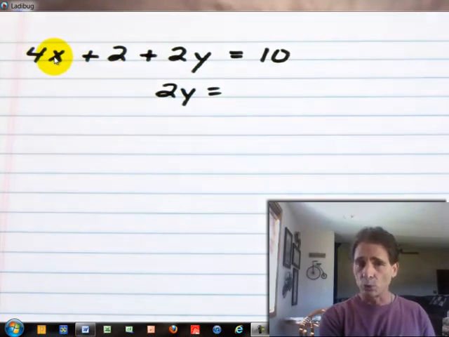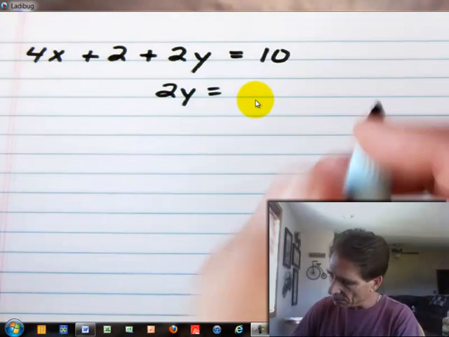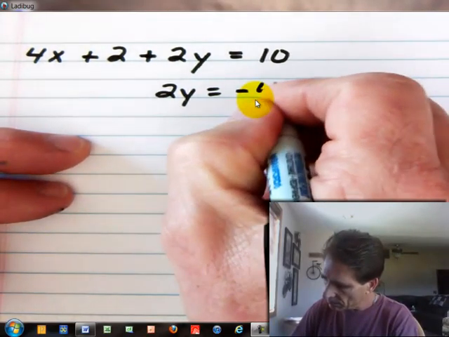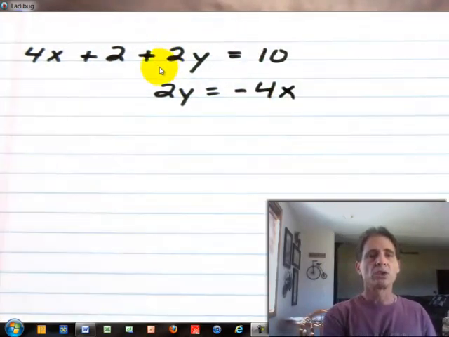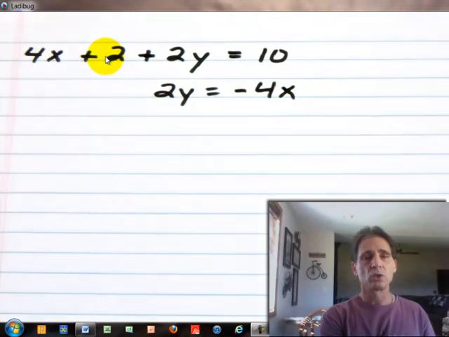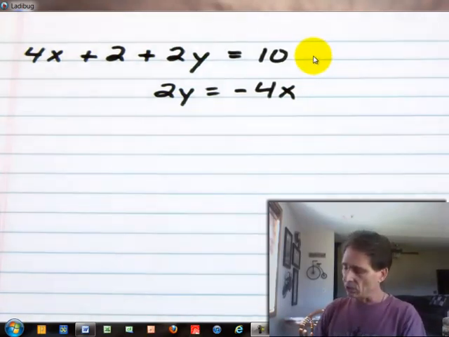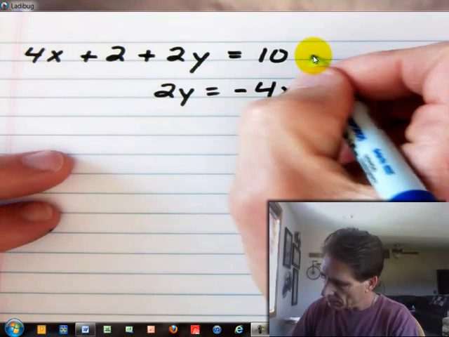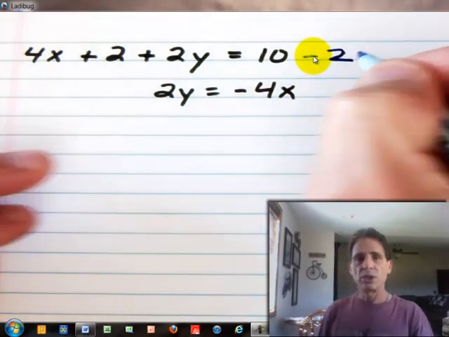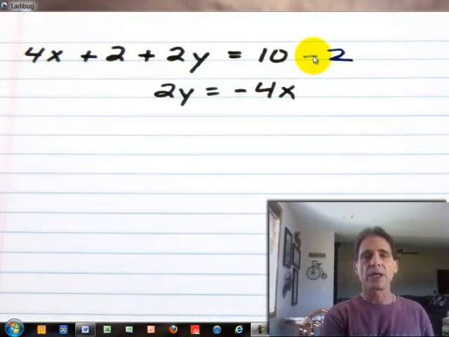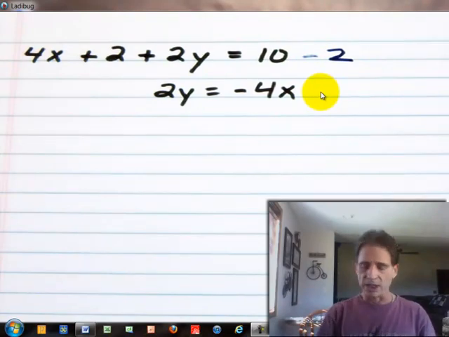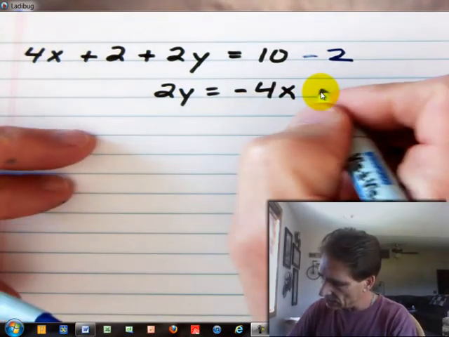So when I move 4x, I can move it over to this side if I use the opposite operation. If I want to move the 2 plus 2 to the opposite side, I can by putting minus 2 here. However, I'm going to put it right next to the 10 for now. And the reason is because we can go ahead and combine those and give our answer right here as a plus 8.